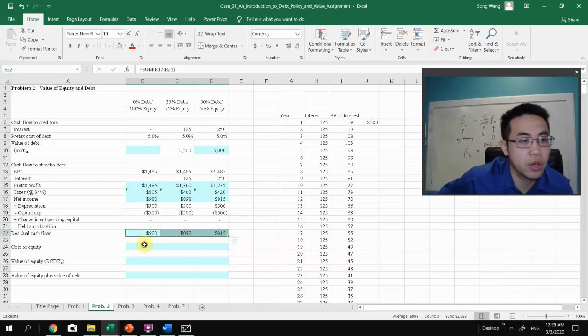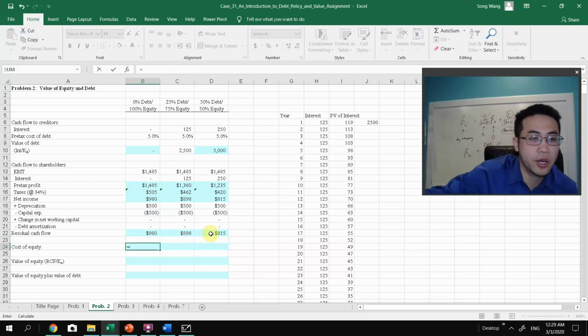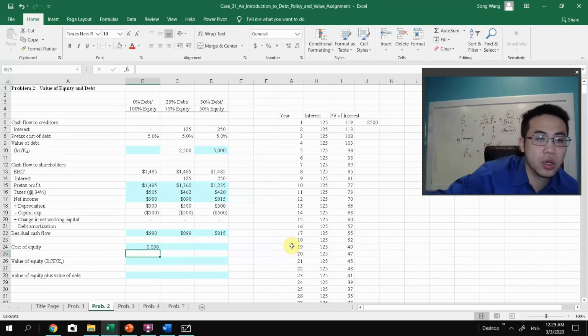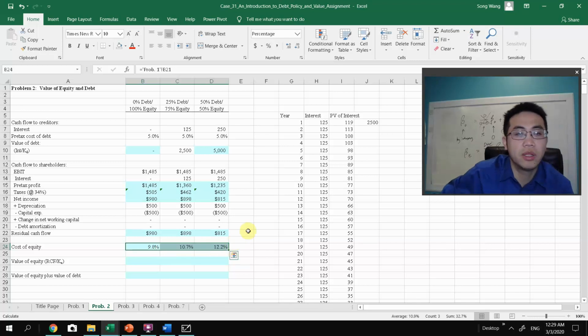Okay, and for cost of equity, this is something that I have solved earlier, so I just directly borrow from the first spreadsheet. Okay, so that's 9.8% for the first one, and 10.7% for the second, 12.2% for the third.